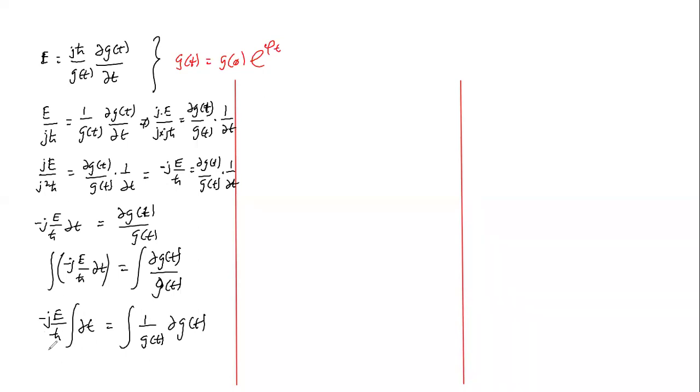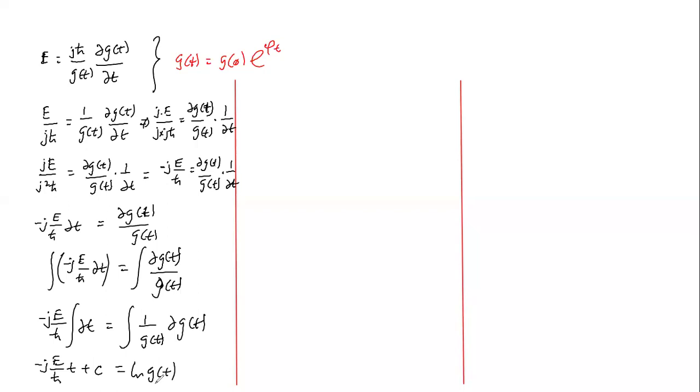And this is going to give us -jE over ħ t, right? Plus some constant, say c, which will be the same as, now, if we integrate 1 over some parameter, we're going to get a natural logarithm, which is ln g(t). Okay?